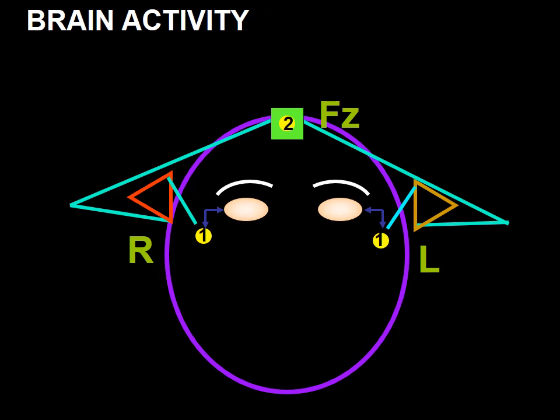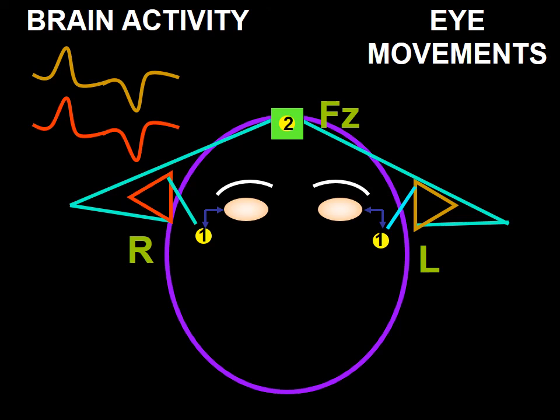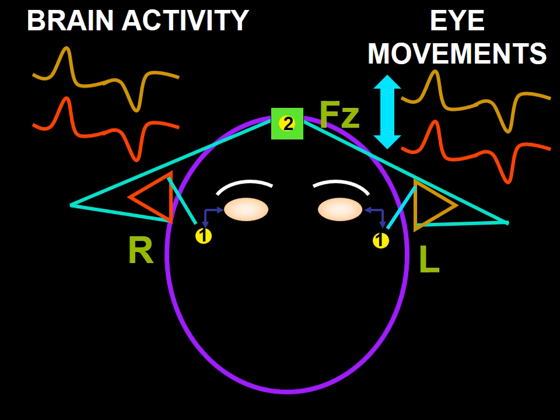With such a montage, electrical brain activity will appear as in-phase waves, that is, the right and the left going in the same direction. Eye movements, when they are in the up and down direction, will also be captured as in-phase activity.